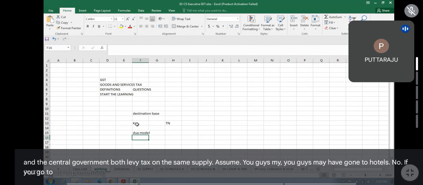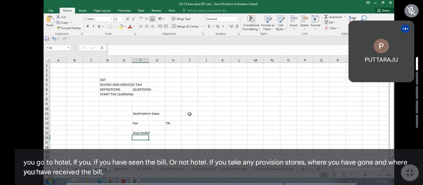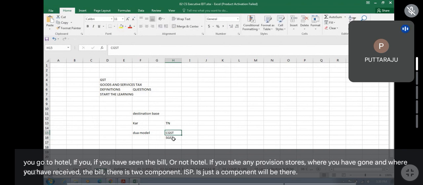If you have seen the bill, or if you go to any provision store where you have received the bill, there are two components, CGST and SGST.